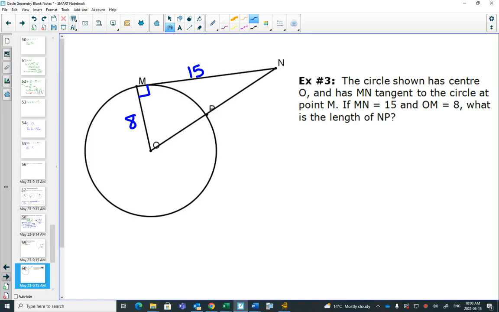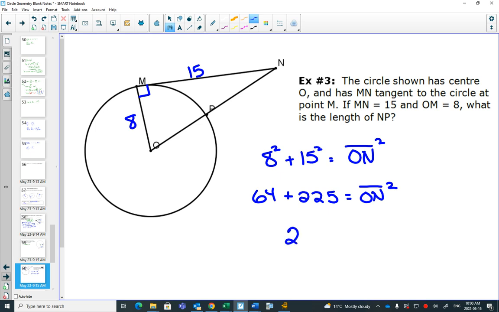Well, we can find the hypotenuse, from O to N. So would you agree that 8 squared plus 15 squared equals O to N squared. 64 plus 225 equals ON squared. 289 equals ON squared. Square root both sides, and you get O to N is equal to 17.